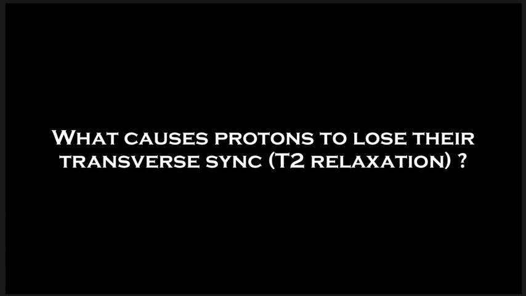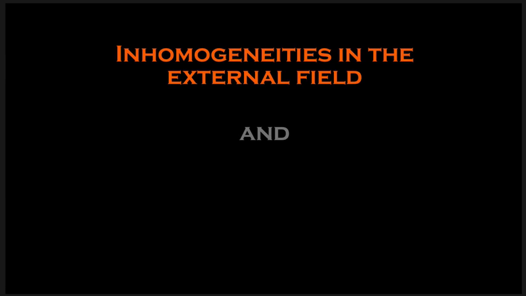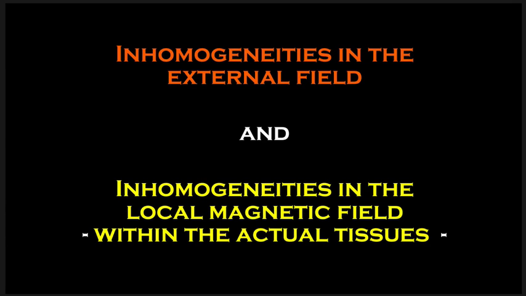What actually causes the T2 signal to get out of sync like that? Why does that happen? There are two main reasons. You've got an inhomogeneity within the external field, and then you've got inhomogeneity within the local magnetic field, within the tissue themselves.